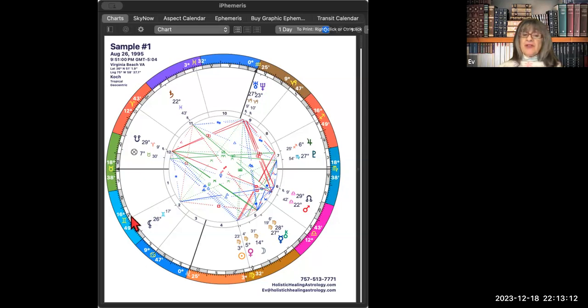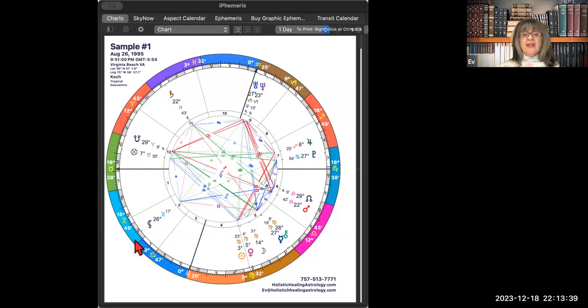Okay? And if you notice that the signs start where the colors are, the signs start here at 0 degrees and end at 29 degrees and 59 minutes. Now, you might notice that some of these houses are not quite 30 degrees, but the signs are always 30 degrees.